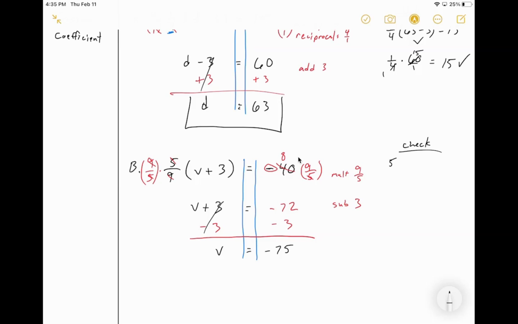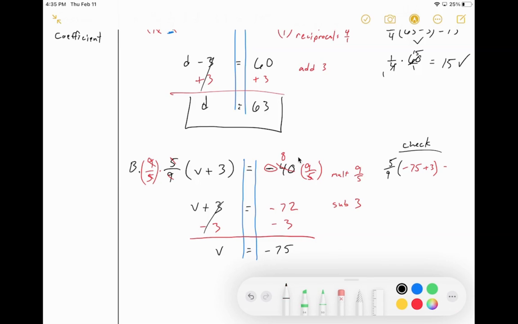So here's our problem, 5 over 9 times, and again, we use negative 75 plus 3 should equal negative 40. So let's see if we did it.